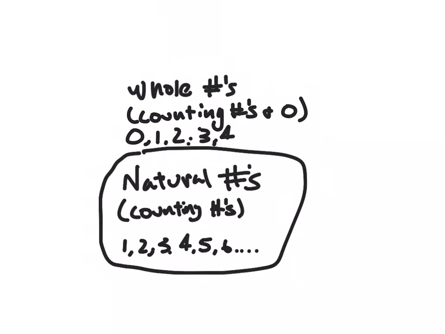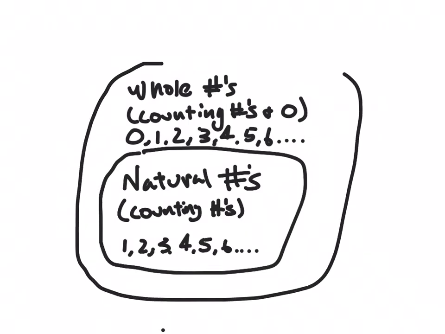These are commas, not periods. The difference is that if you say a whole number, you have to include the number 0. The whole numbers include the natural numbers, so I'm making this kind of like a web diagram where the whole numbers are inside this big group of numbers. But not every whole number is a natural number, and the only one that isn't is 0.